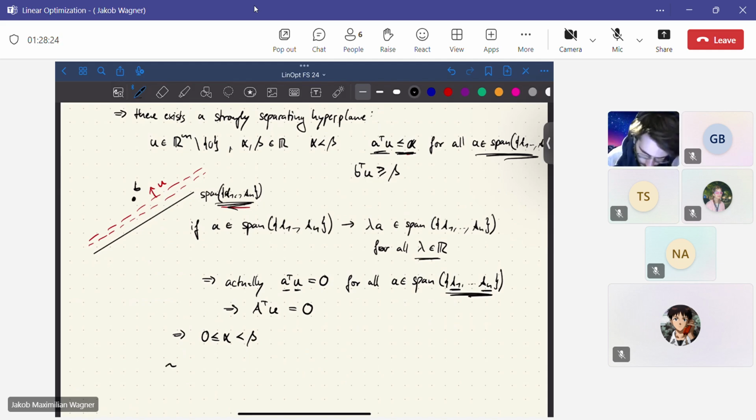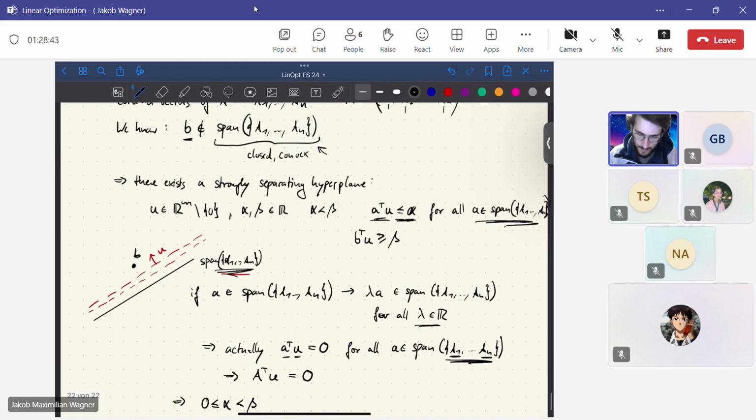So all in all, we have that B transpose U, which was greater or equal than beta, is now strictly greater than 0 and thus obviously not equal to 0. And so we are done with also this other direction.